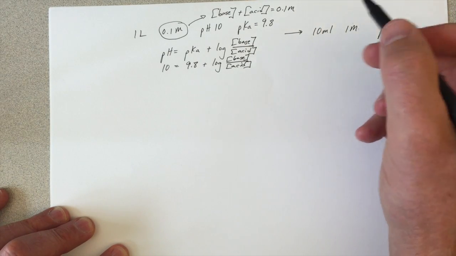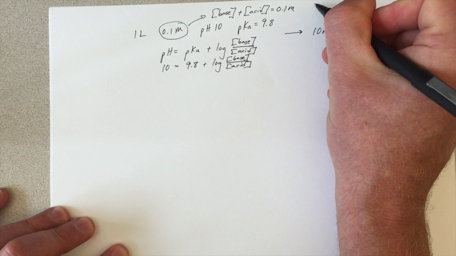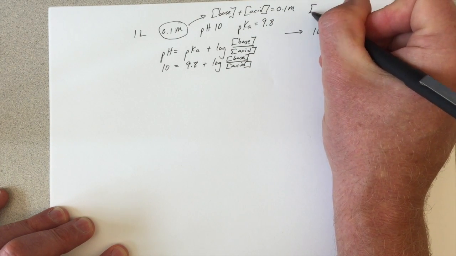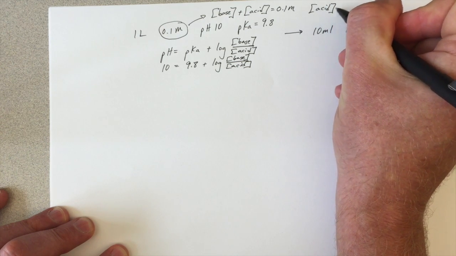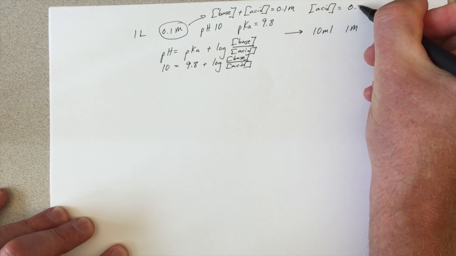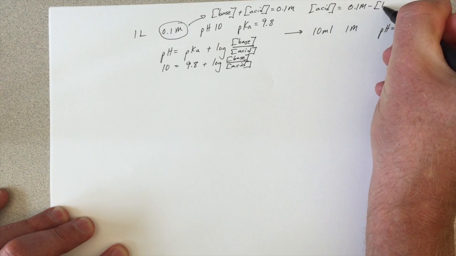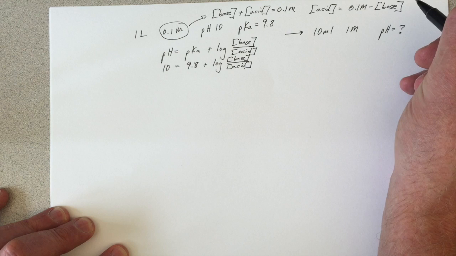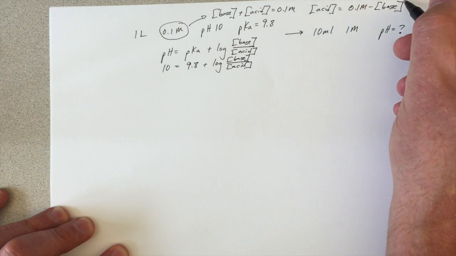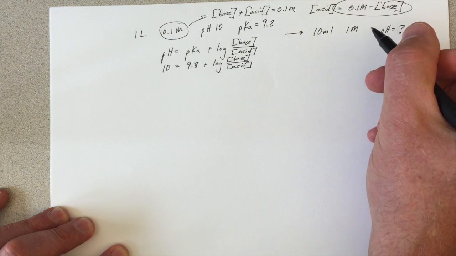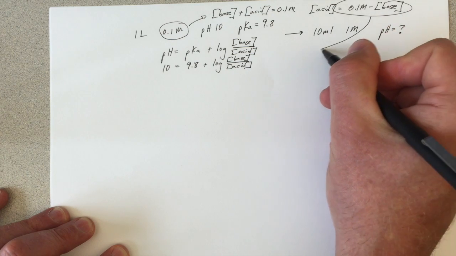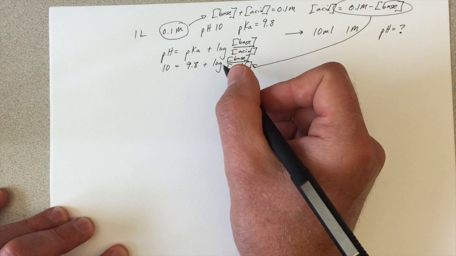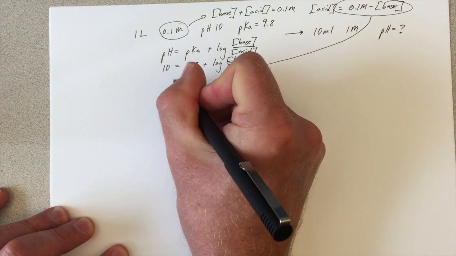So I'm going to solve for concentration of acid: concentration of acid equals 0.1 molar minus concentration of base, and I can substitute this in. Whenever I see acid, I'm going to substitute in 0.1 molar minus base right here.